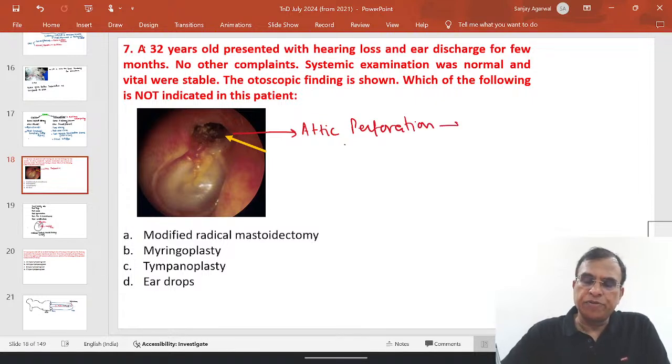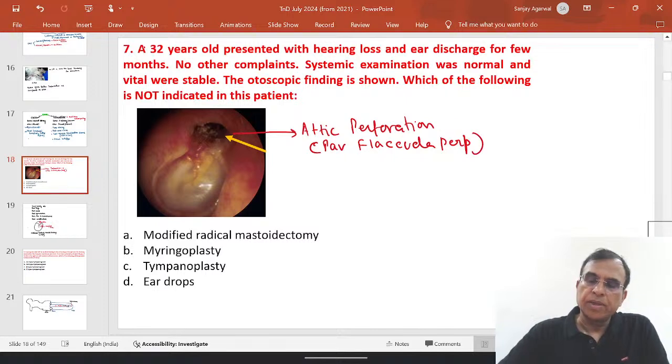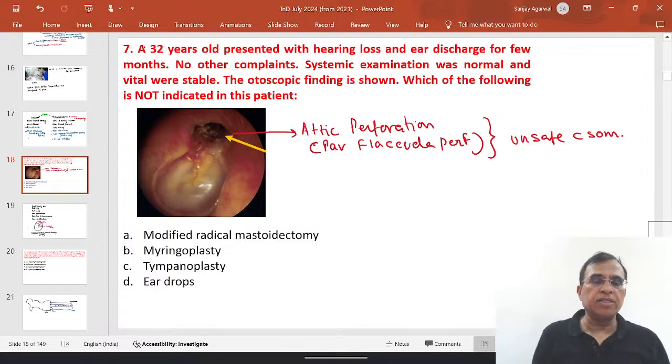An atic perforation is a pars flaccida perforation. And pars flaccida perforation is seen in unsafe CSOM. So this is a patient of unsafe CSOM.